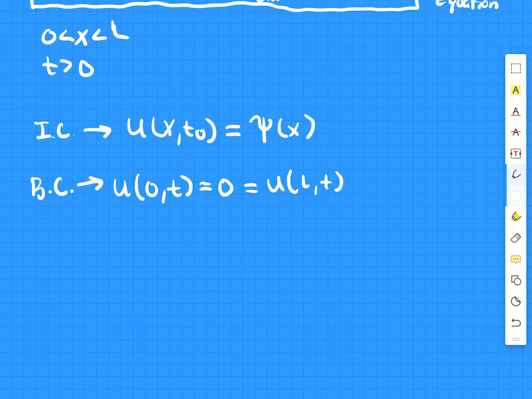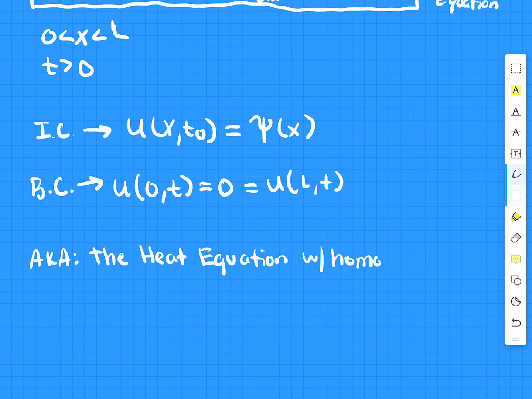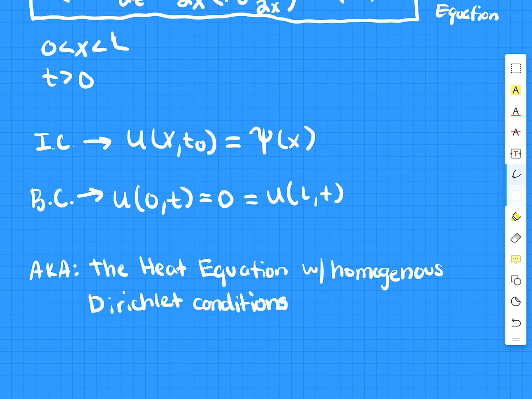So this would be known as the heat equation with homogeneous Dirichlet conditions. And that's all she wrote.